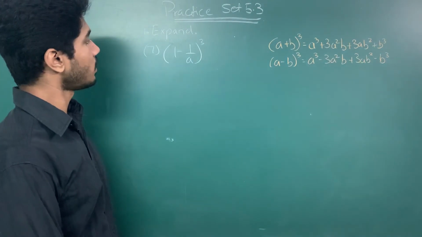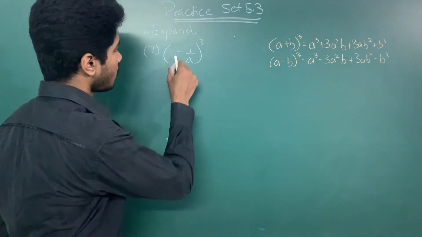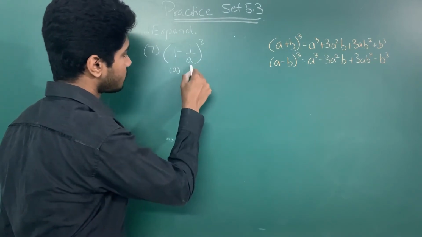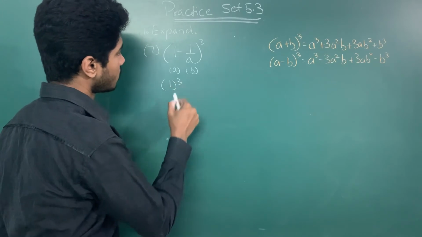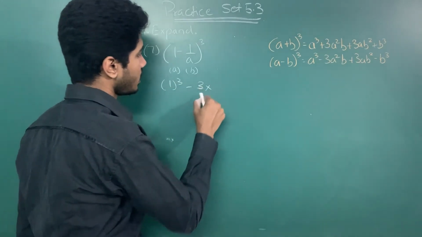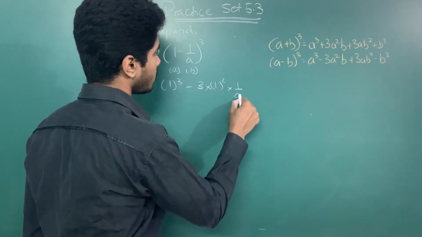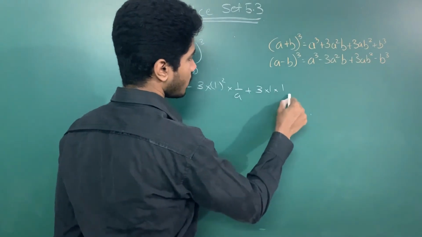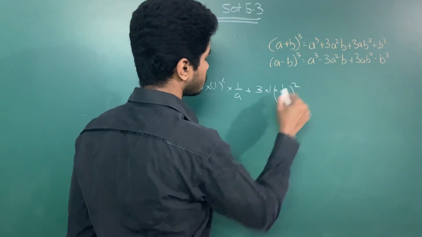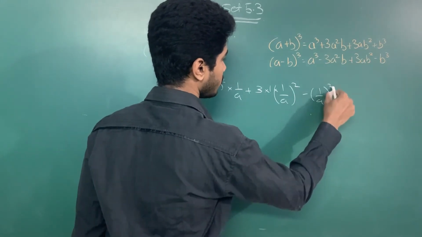Seventh question, 1 minus 1 upon a the whole cube. So over here our 1 becomes a and this part, the fraction part, becomes the b. So 1 the whole cube minus 3 into 1 the whole square into 1 upon a plus 3 into 1 into 1 upon a the whole square, then minus 1 upon a the whole cube.